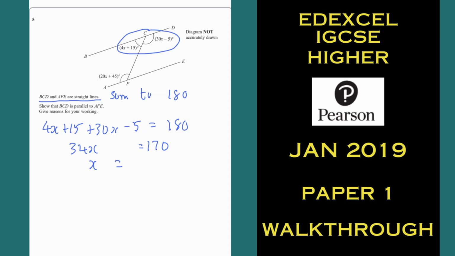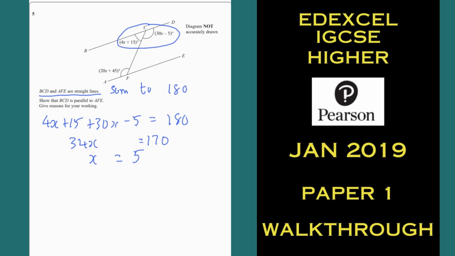Grab your calc or feel superior at mental arithmetic. 170 divided by 34 is a nice 5. Now what that tells you is, and you should be given reasons. It's a 5-mark question, this. Write plenty. So, angle BCF. The expression you've been given is 4x plus 15.